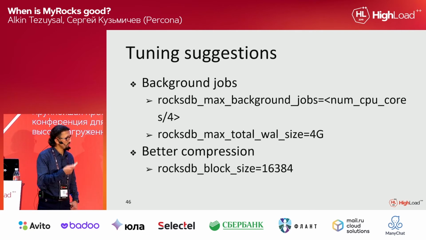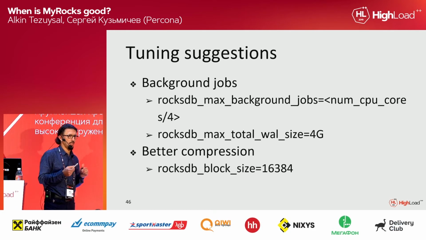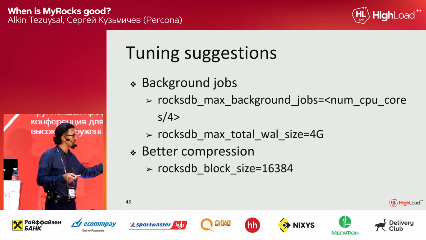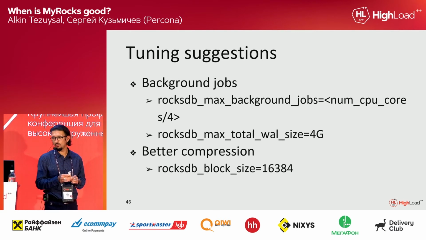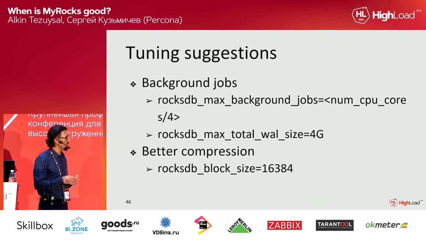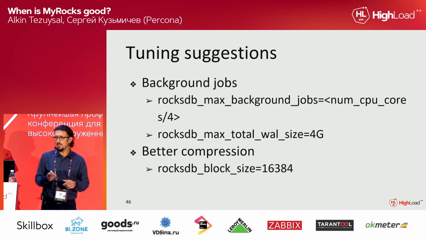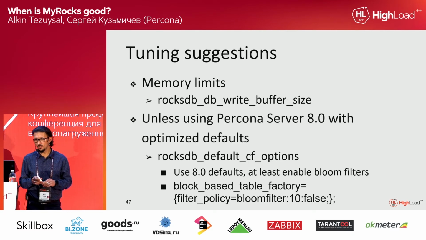These are the variables that you might want to pay attention to. It's not like you always take these numbers and plug them in and it'll work perfectly. It depends on the workload. We just want to highlight some of the tuning variables in the MyRocks engine.